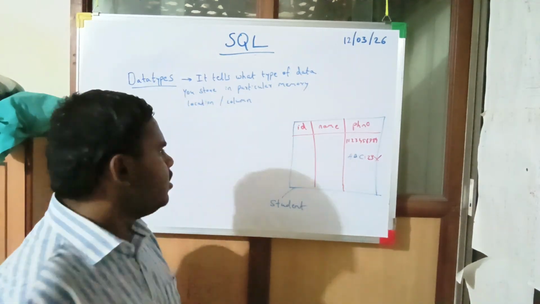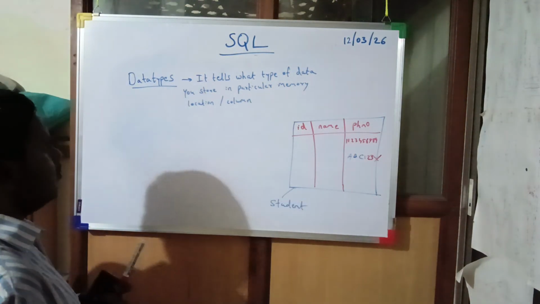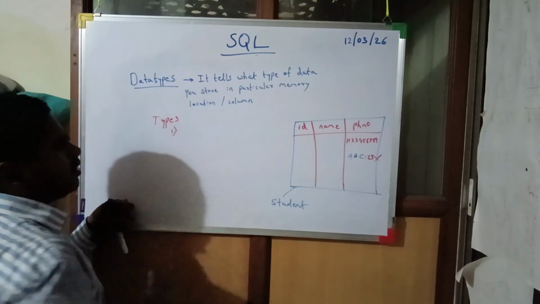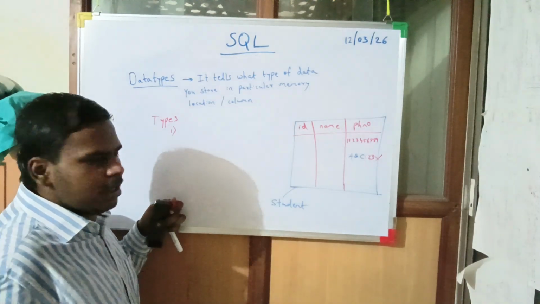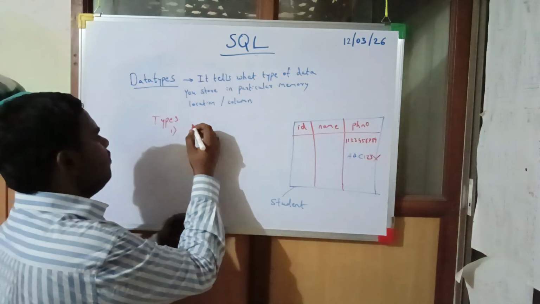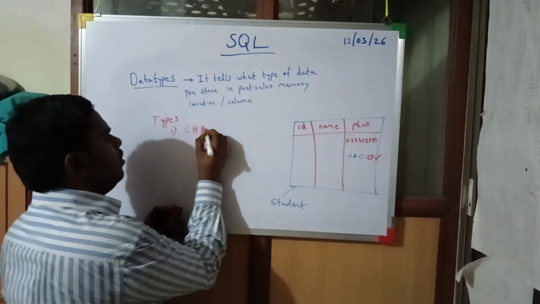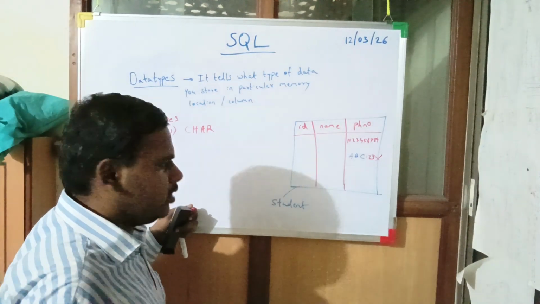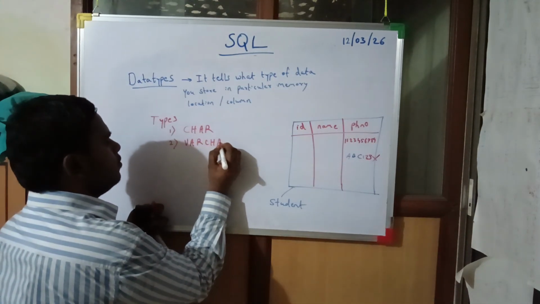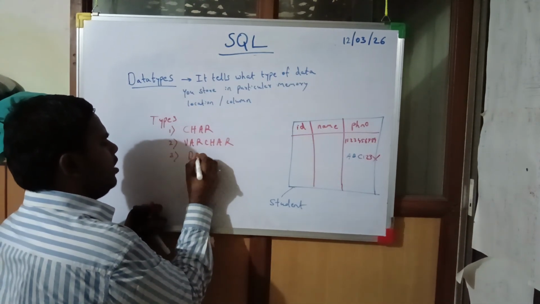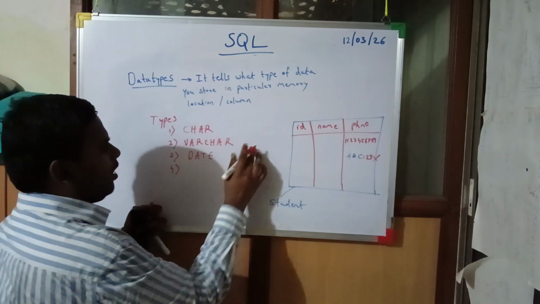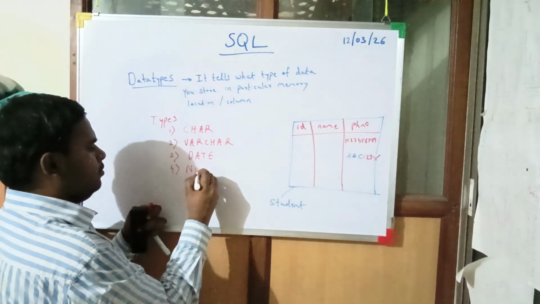Now, there are some types in data types. First we are seeing the top 5 types, which are mostly asked in interviews or exams. First data type is CHAR. We will see each in depth, no worries. Second, VARCHAR. Third, date. Fourth, number, and VARCHAR2 we will mention later.